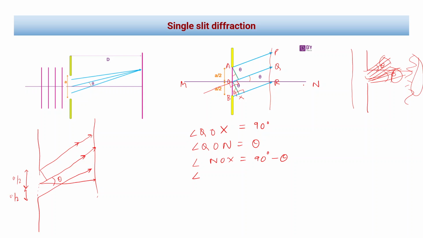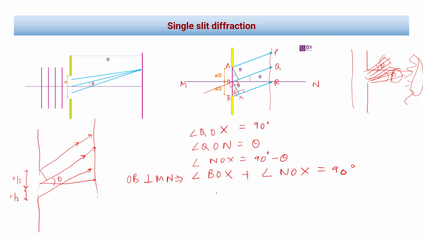So angle NOX is 90 minus theta. Now angle BOX plus angle NOX is again 90 degrees. If you see here, OB is perpendicular to MN. That's why these two angles will again make 90 degrees.